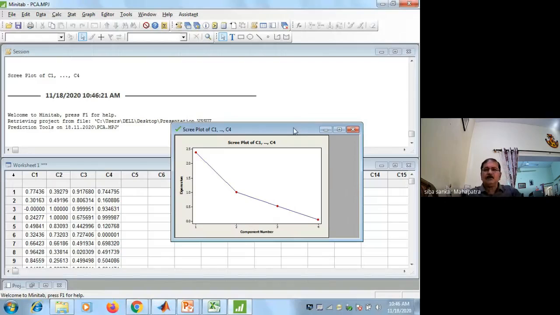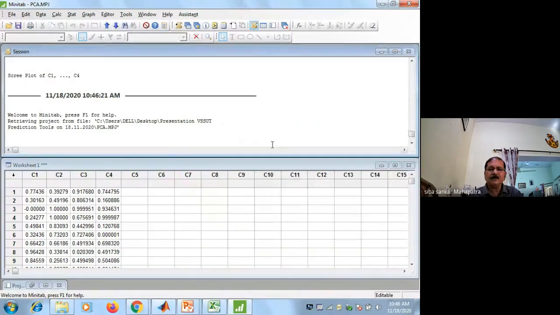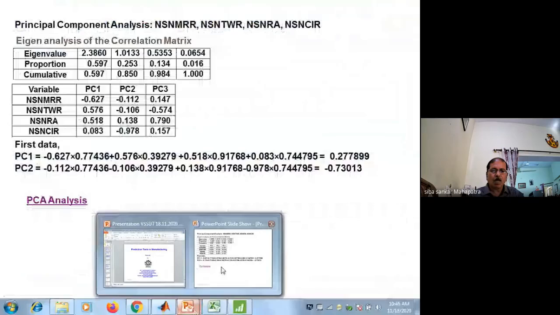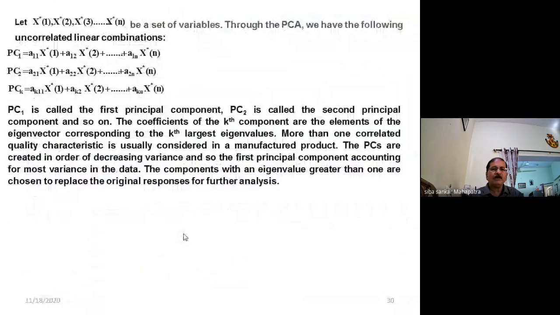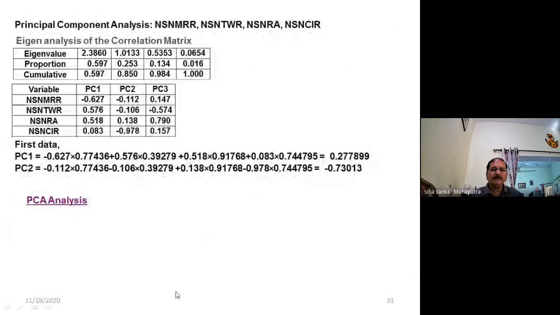So here, this is the data, the 4 types of data that we have: the normalized MRR, normalized tool wear rate, normalized surface roughness, and normalized circularity.